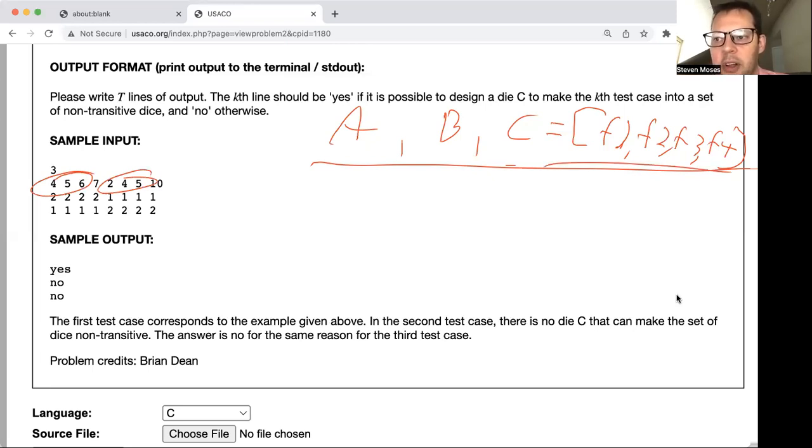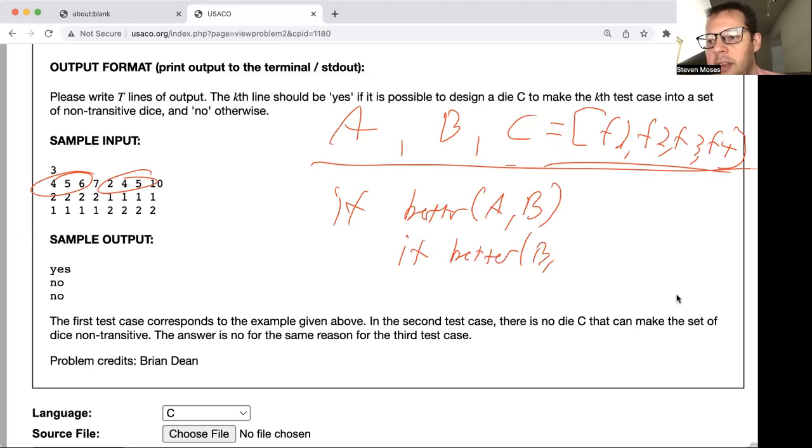And now what we're going to do is say, okay, so if better A than B, then if also better B than C and better C than A, then we want to just output to the terminal the word yes, and then just return.